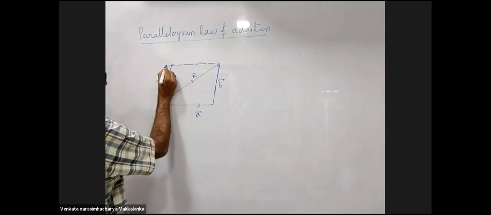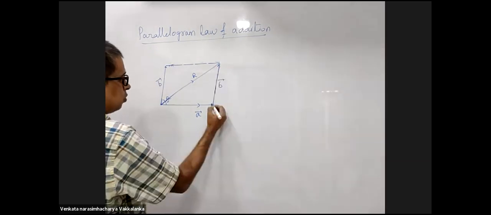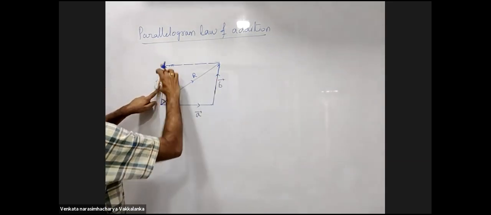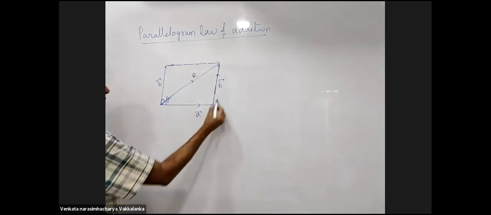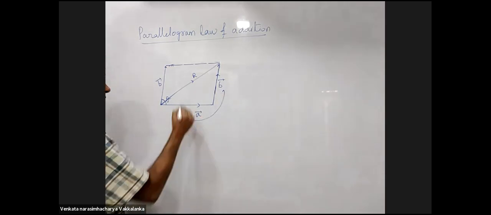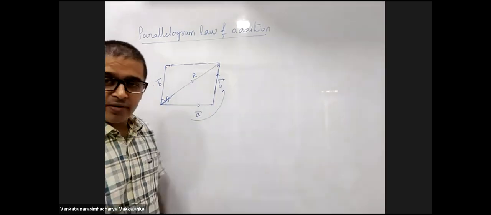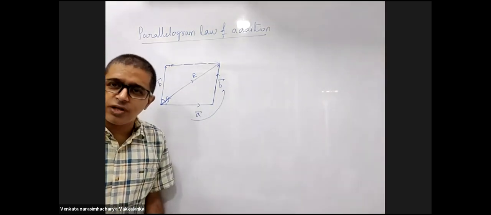Make it slightly this way. It looks good now. It's almost a parallelogram, right? These both are the same. They are parallel and they are of the same length. So this is triangle law. A and B are two sides of a triangle taken in one order. Third side of the triangle taken in the reverse order is the result.